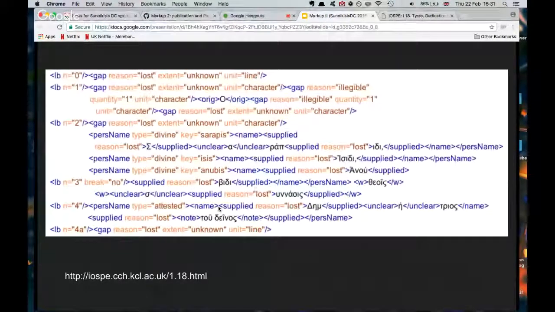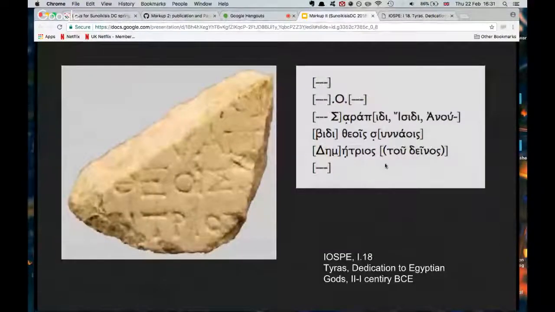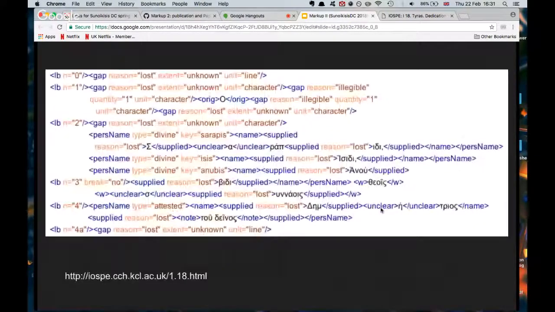And then, oh yes, I wanted to briefly show you what we've done with the restoration of Demetrius somebody. So you have here on line 4, we have personal name supplied because it was lost, Dem.